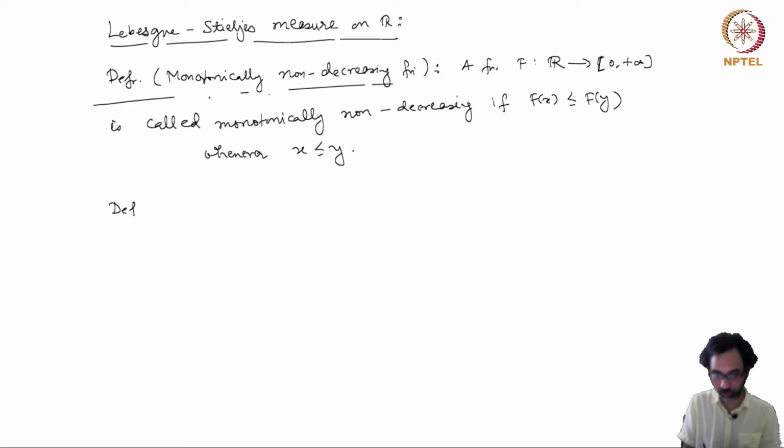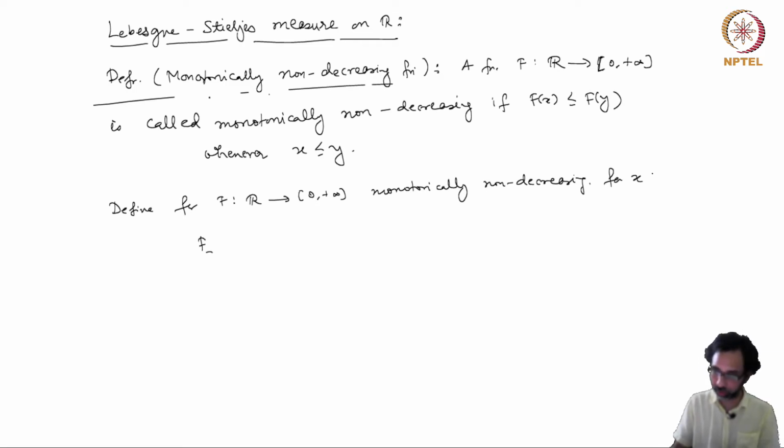So define, for a monotonically non-decreasing function f, the following two quantities. For x in R we define f minus x to be the supremum of values f(y) where y is strictly less than x, and f plus x is the infimum of values f(y) where y is greater than x.